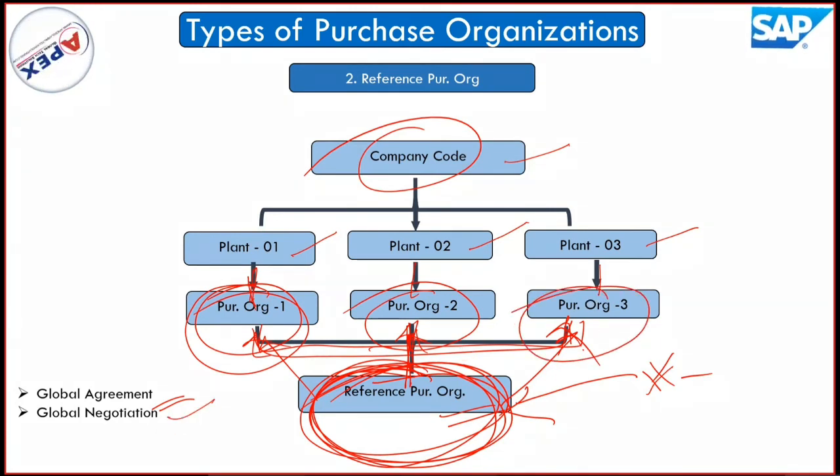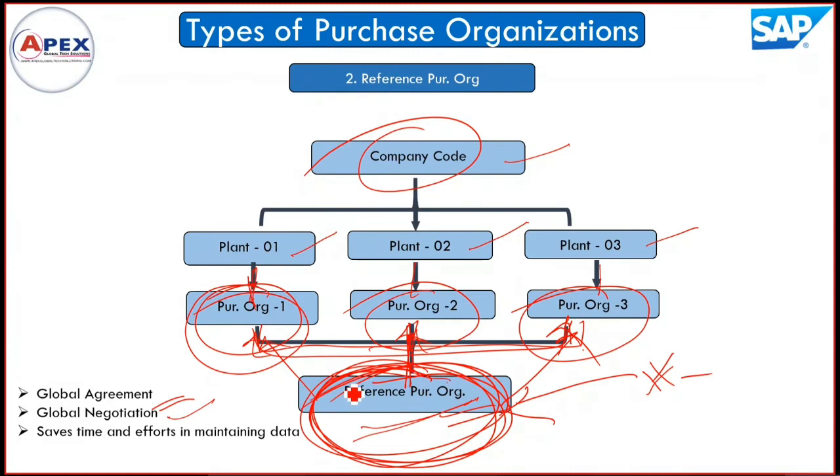Instead, whatever negotiations have to be done, the vendor will do with the reference purchase organization and finalize. It saves time and effort in maintaining the data, because whatever data is maintained is maintained centrally. That is the reason why the reference purchase organization is used. All of you got it?